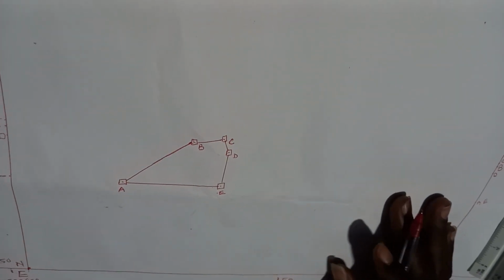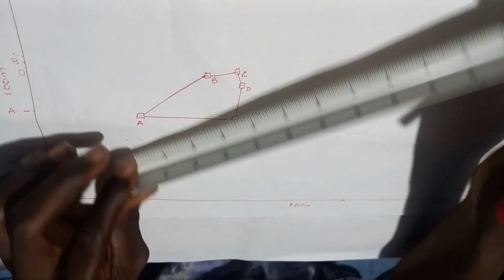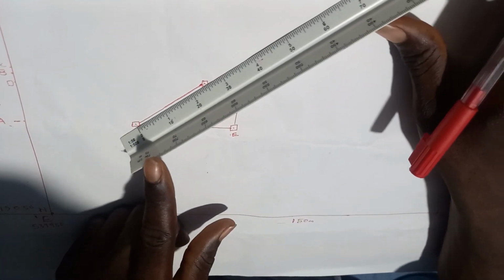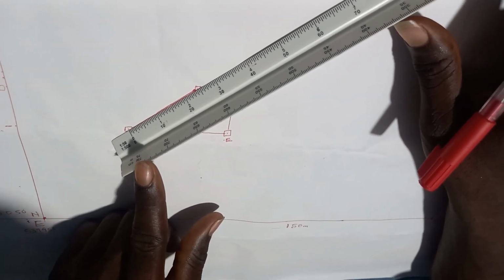So now the next thing for you to do is to bring in your scale rule. Then you observe the distance of each of the points.